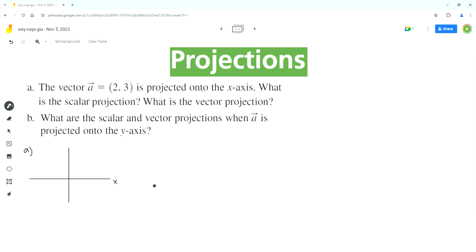Now vector A is equal to 2, 3, so it can be the position vector for point 2, 3. And point 2, 3 is in quadrant 1, so it can be somewhere here. So this is vector A.